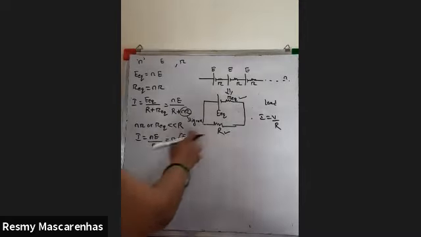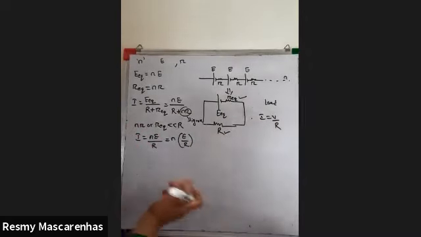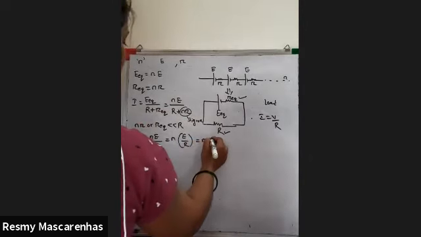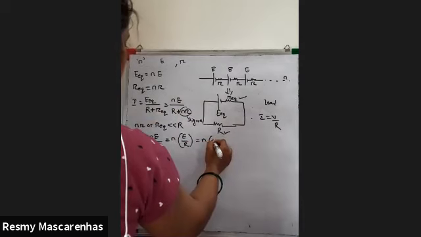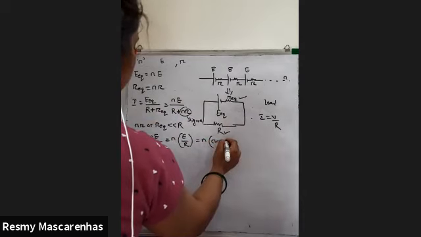And what is E upon R? E or V is nothing but voltage. So E upon R is the current in the circuit. So it will be equal to N times circuit current.